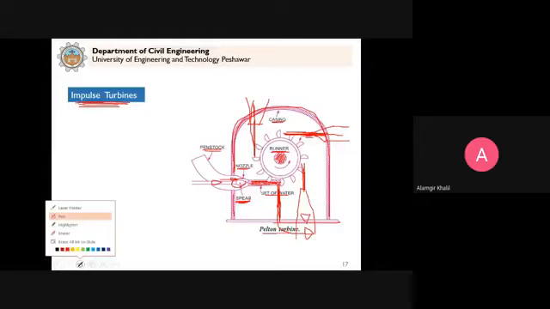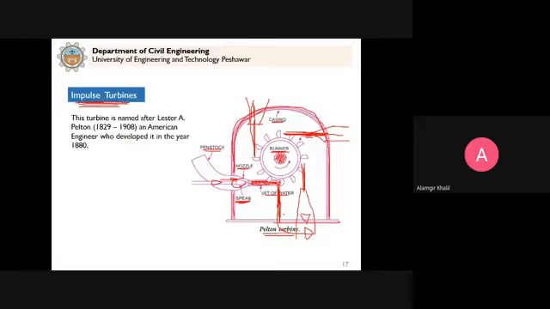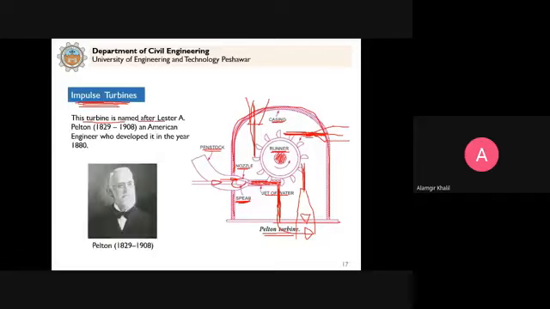But remember, this is not the only case. We can have different arrangements. For example, before I explain that, we call it as Pelton turbine. Why is it called a Pelton wheel or Pelton turbine? Because this turbine is named after Lester A. Pelton, an American engineer who developed it in the year 1880.